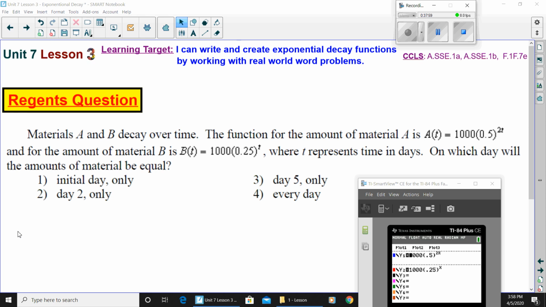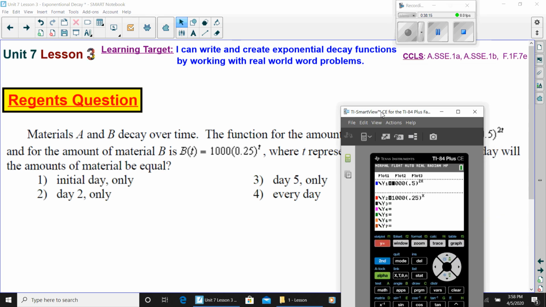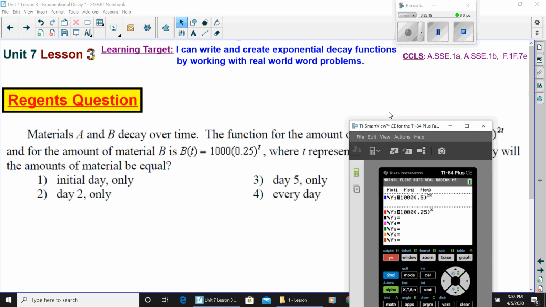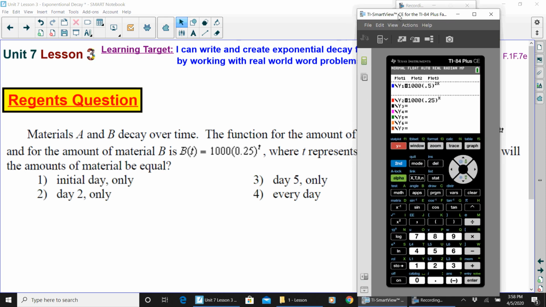And that's what I put into the calculator. Then I put the second one in, 1000 times 0.25 to the T power. And then it's asking on which day will the amounts of materials be equal. So basically, it says that T represents the time in days. So that's your X in this case, right, in the calculator.